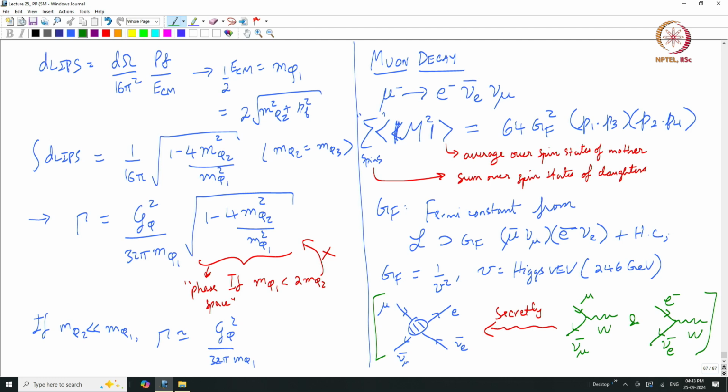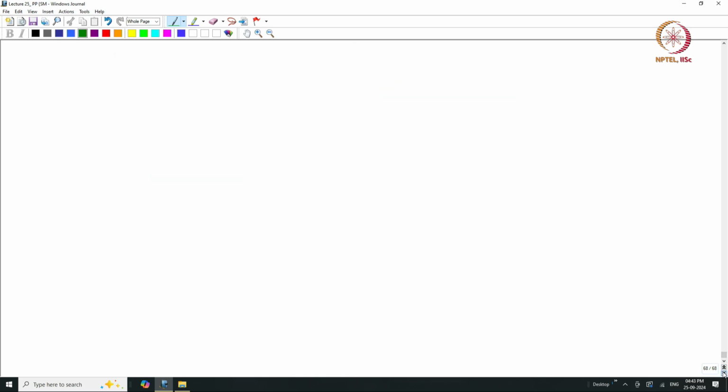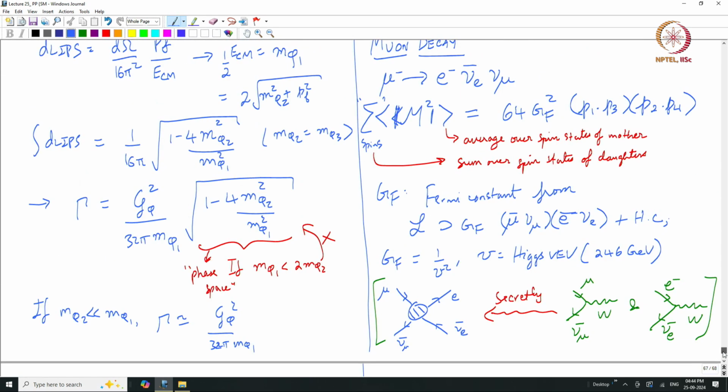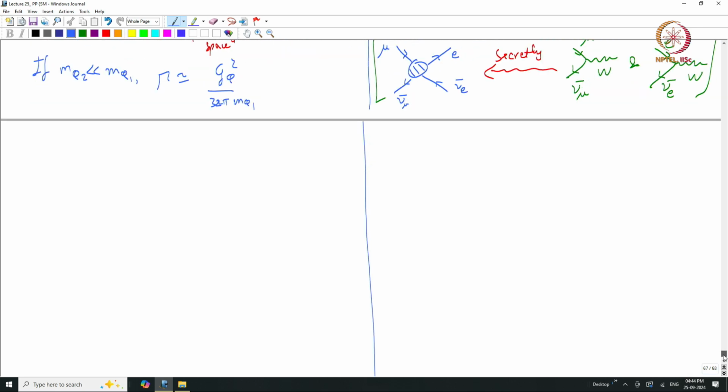So that accounts for the G_F, but of course we also have to do the integration over phase space. That is not something I am going to do right now, because it is not a trivial calculation at all. You have to do a phase space integration for a 3 body final state now, as opposed to the 2 body one we just saw.